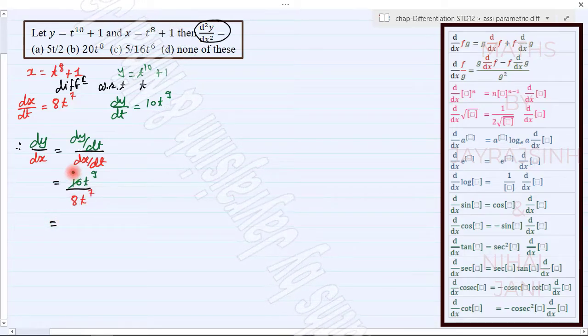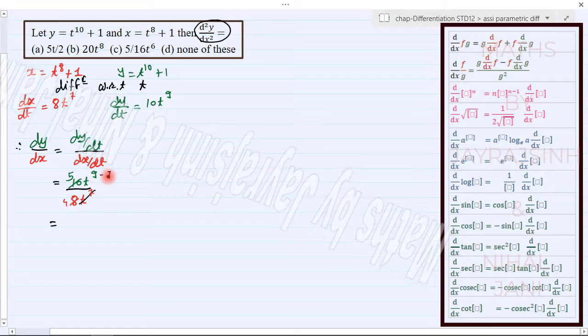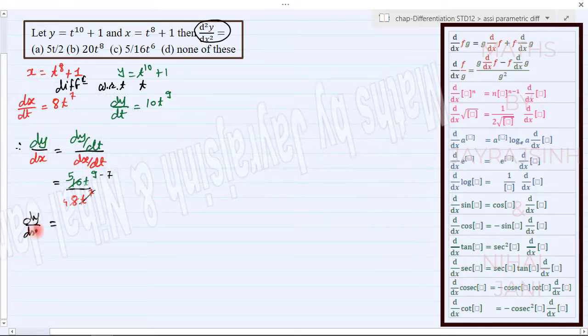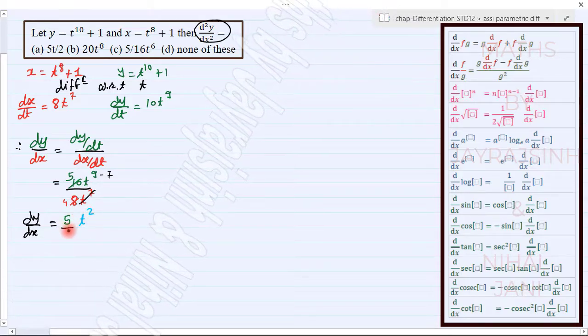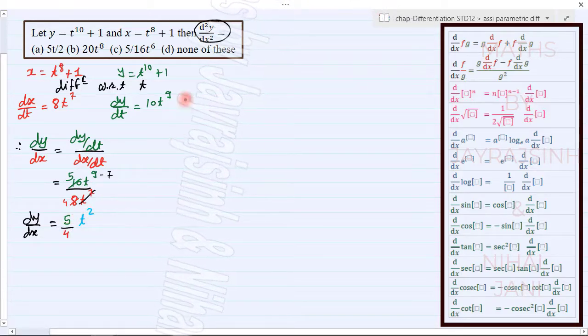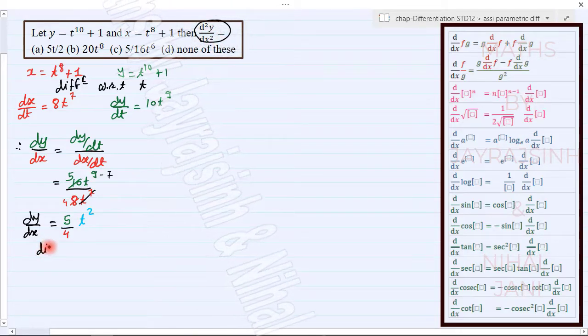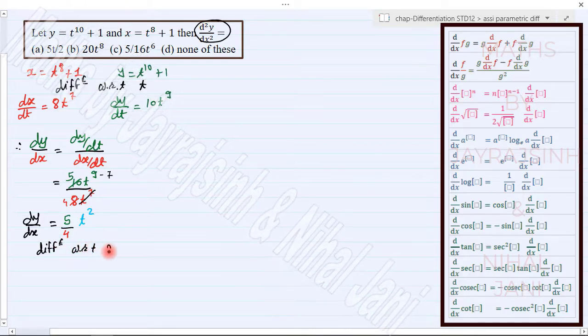So here 5 2s are 10, 4 2s are 8, and we will get t raised to 9 minus 7. So dy by dx will be 5t square upon 4. But as you can see, we need d square y by dx square. So no problem. Let's differentiate our equation with respect to x.